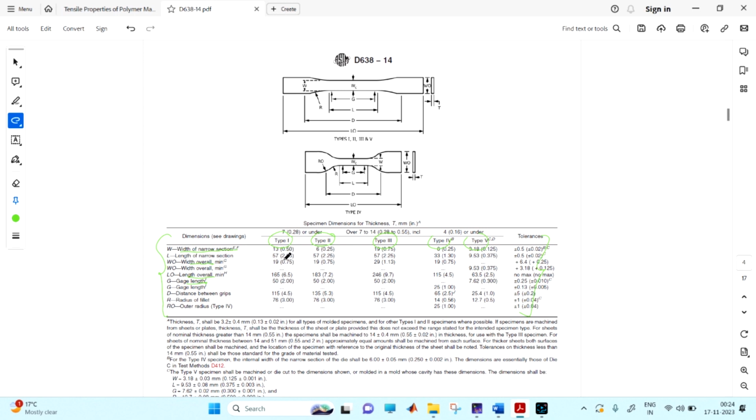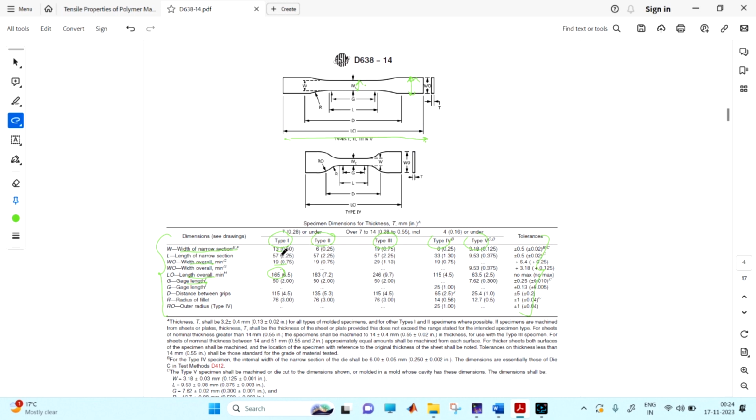You can see the width at the narrow section is 13 mm. Width overall is 19 mm. Overall length is 165 mm.